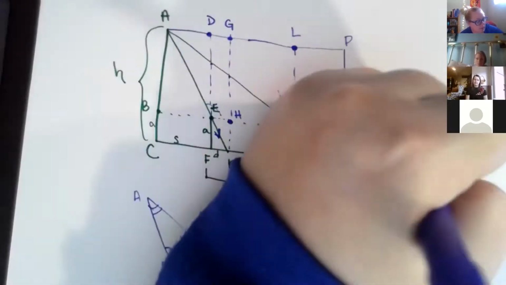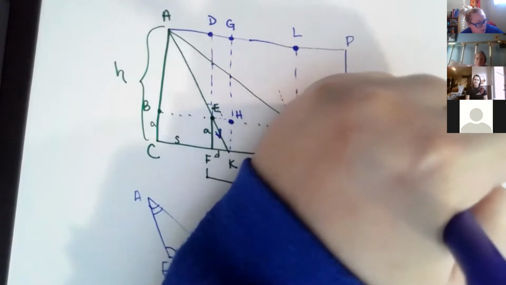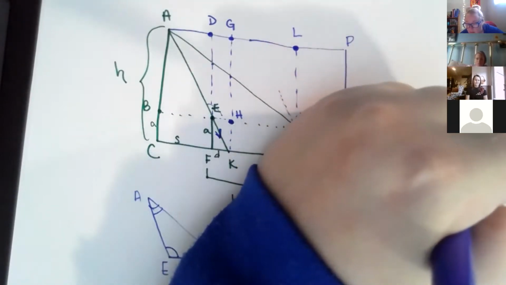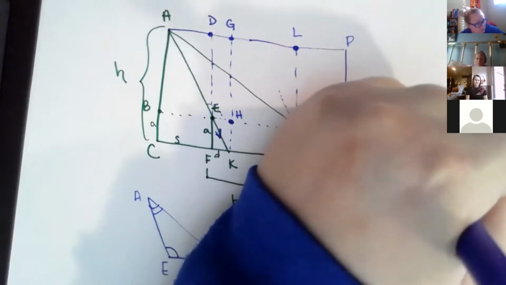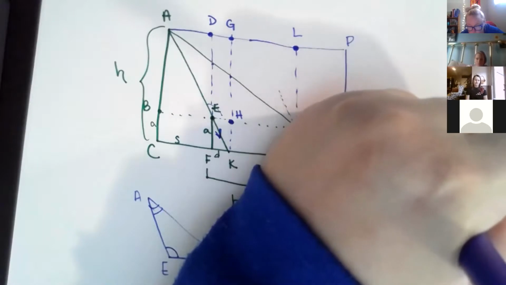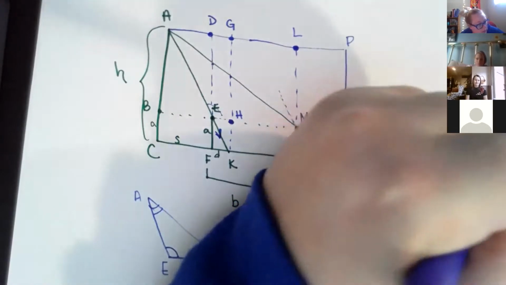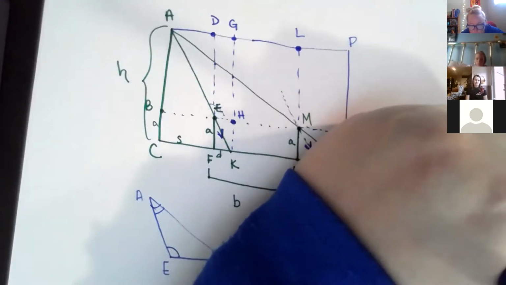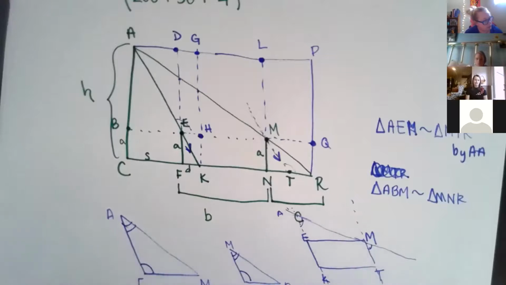They also say triangle MTR, or no, ABM. Reading the wrong line. Triangle ABM is similar to triangle MNR. So why?